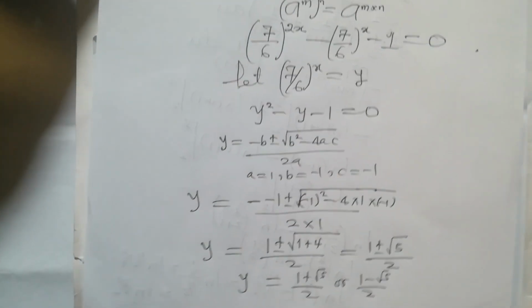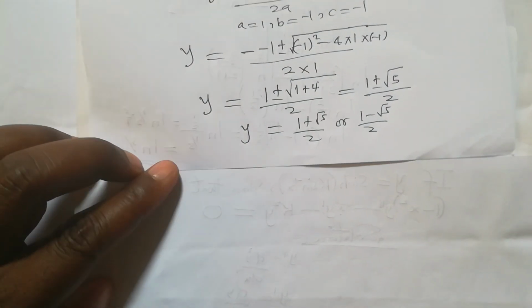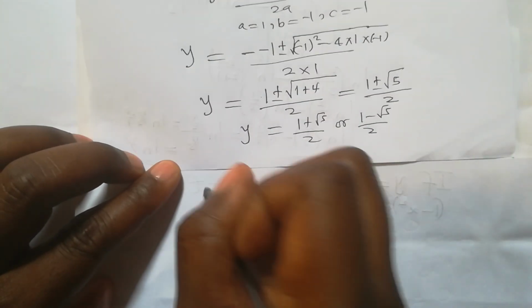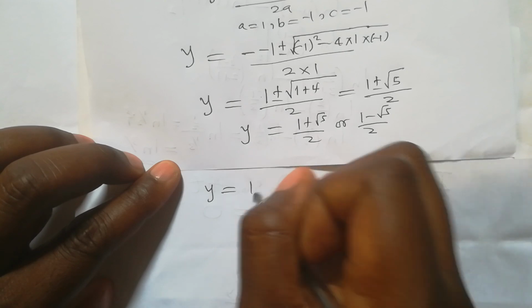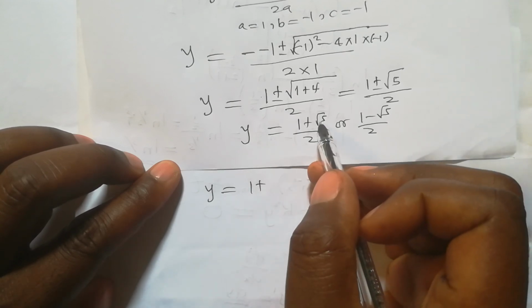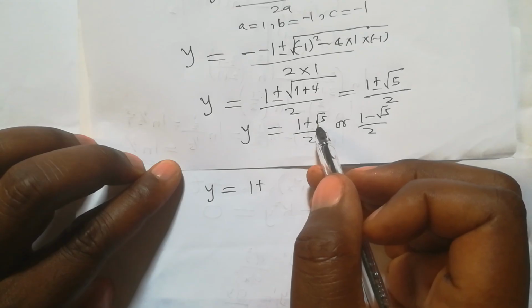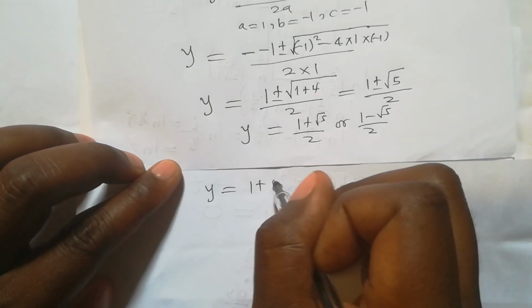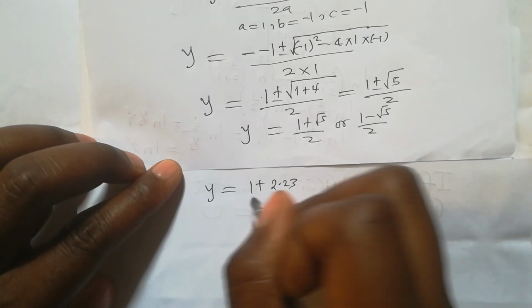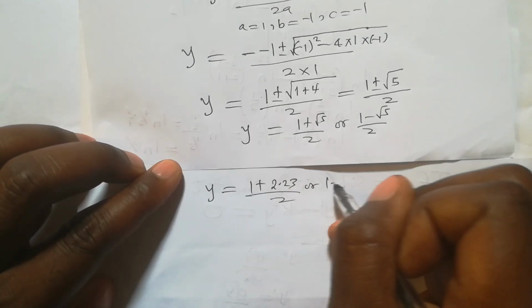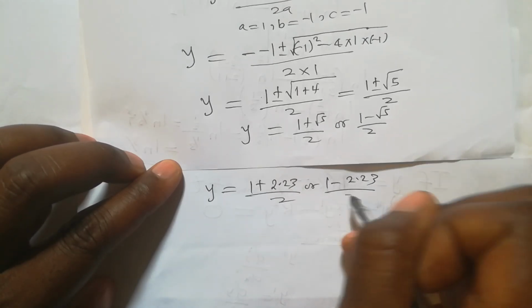So if we continue, we are going to have y, it's either 1 plus the square root of 5, which is going to give us 2.23, all over 2, or 1 minus 2.23 all over 2.